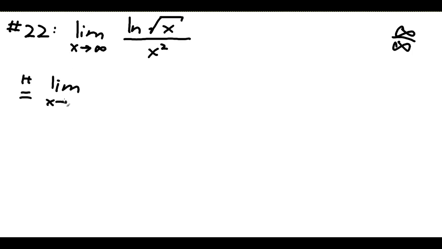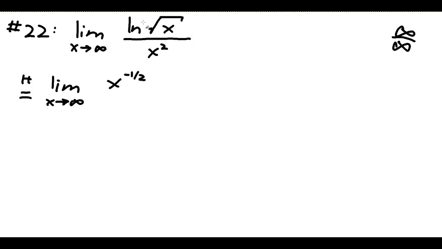We have the limit as x approaches infinity of, I want to take the derivative of the numerator. So the derivative of the natural log of something is 1 over that thing. We have fractions and radicals, and we'll have fractional powers. So let me actually do this. This is x to the 1/2, so let's say that its reciprocal is x to the negative 1/2.